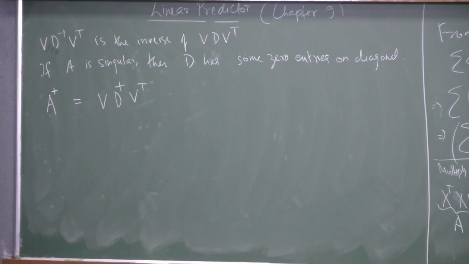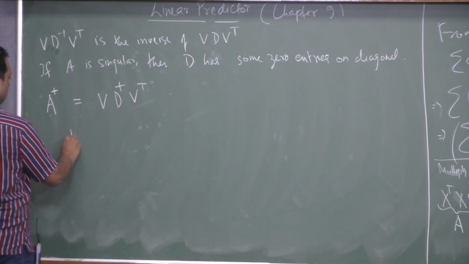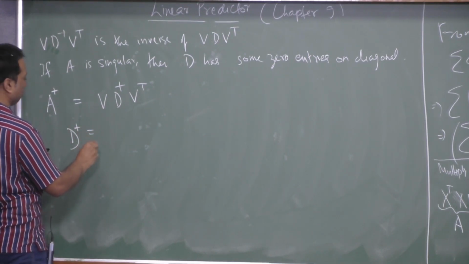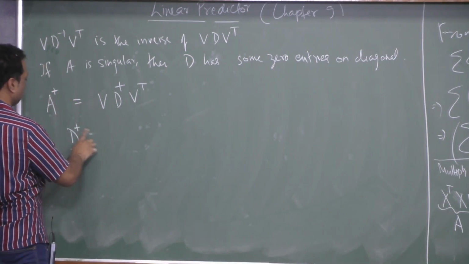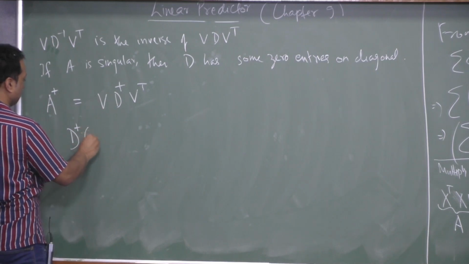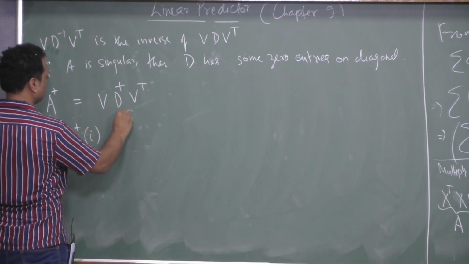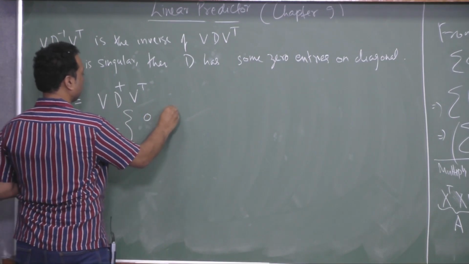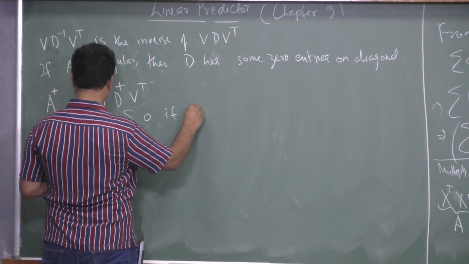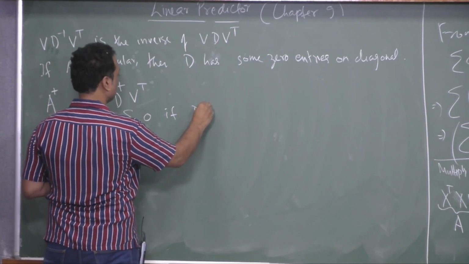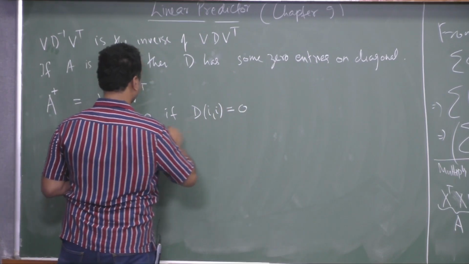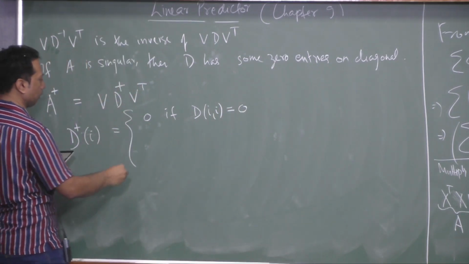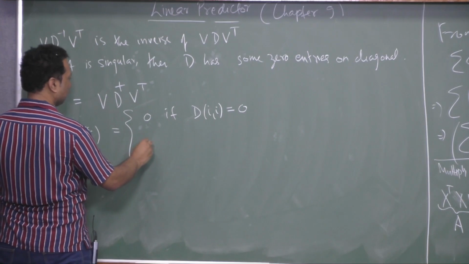Now we have to define what D dagger is. Let us define it pointwise, because this is a diagonal matrix. D dagger i is 0 if the ith diagonal entry D i is 0, then you don't do anything, you leave it 0, and otherwise it is the inverse.